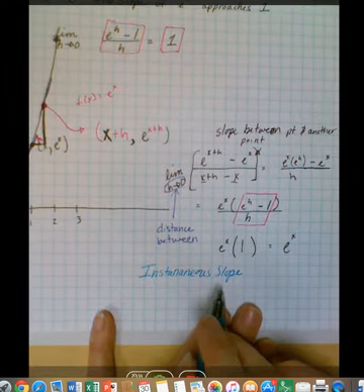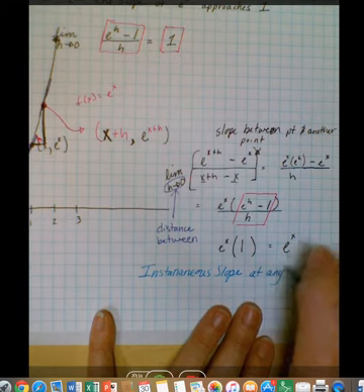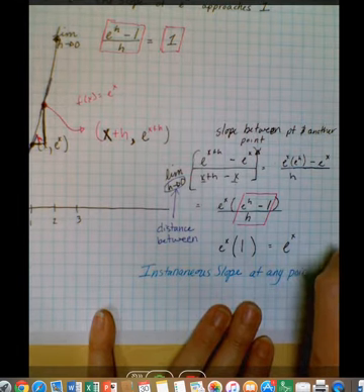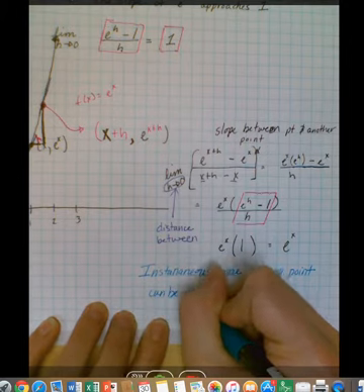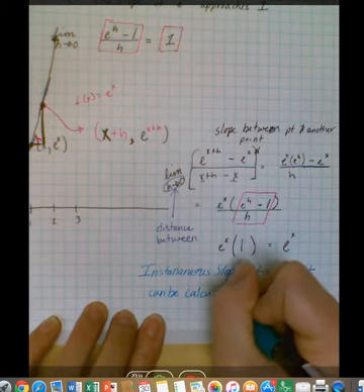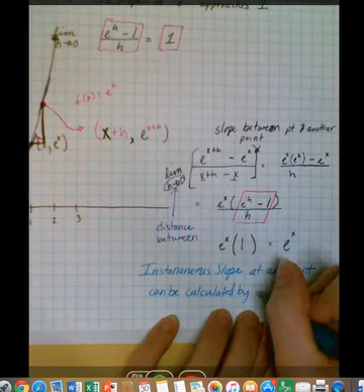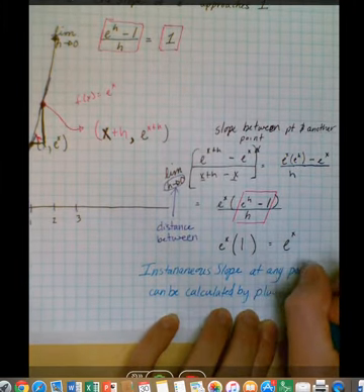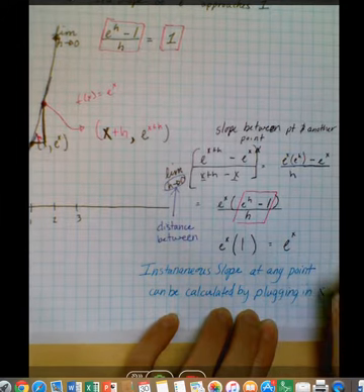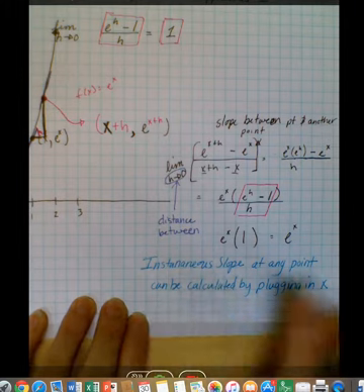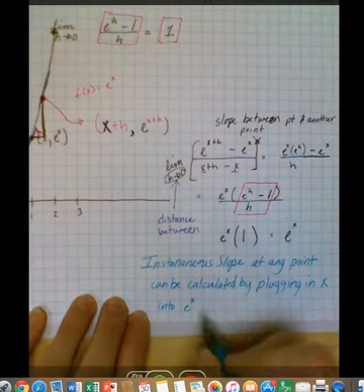The instantaneous slope at any point can be calculated by plugging in x into e to the x.